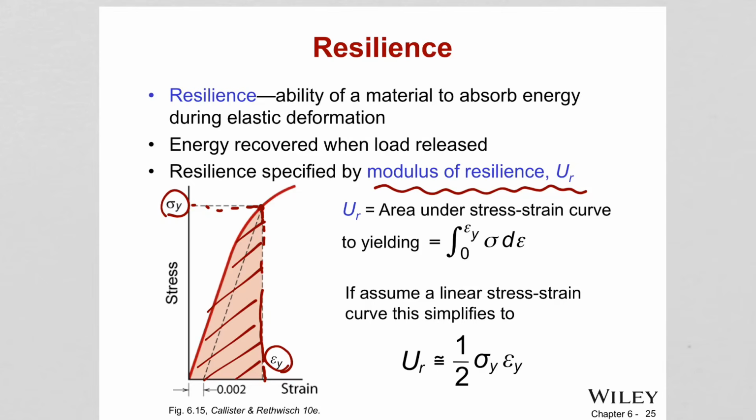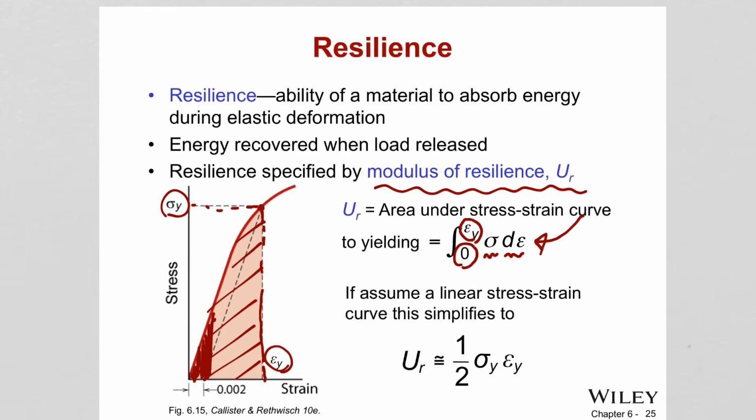So what does that mean? Area means integration, right? From 0 to yield strain, integrate the stress strain curve. With infinitesimal changes of the strain, just integrate, take the sum of all those little contributions, basically. So it will give you this equation.